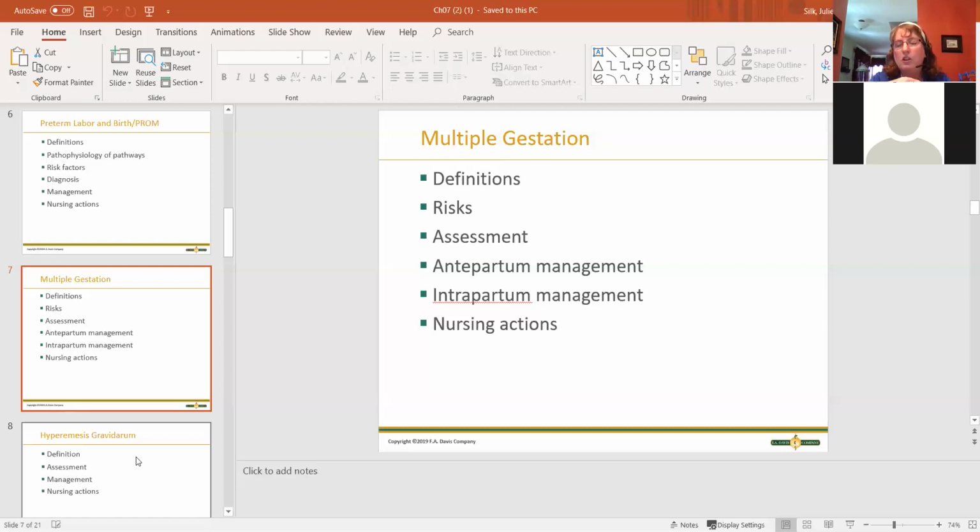The idea is you're in there just in case there's a problem, and then you could convert to a cesarean. Sometimes they'll say you'll be able to birth one of the babies just fine vaginally, and then maybe with the other one there's an issue, so you have to get them out by cesarean. So that's why they had me in there. But yeah, those are some of the things to think about with that.